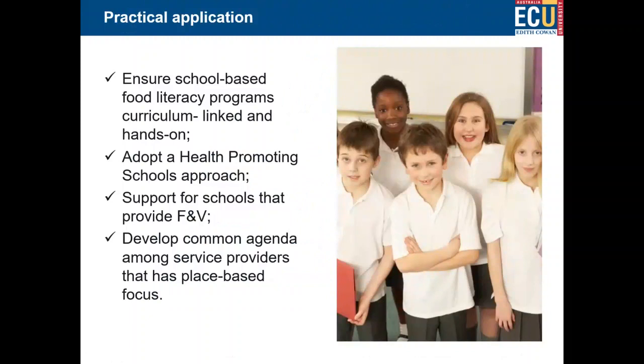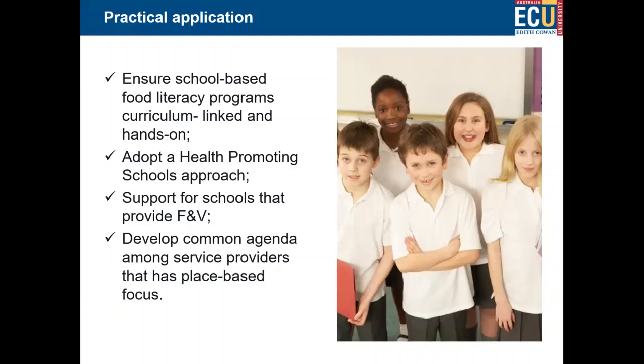messages. In terms of a way to practically apply these kinds of topics, ensuring that school-based food literacy programs are curriculum linked and hands-on, so that experiential learning, adopting a health promoting schools approach, supporting schools that provide fruit and veggies, so really helping to facilitate the doing of that, because the school as a setting can be an ideal vehicle for promotion of fruit and vegetables, but also that provision of fruit and vegetables.